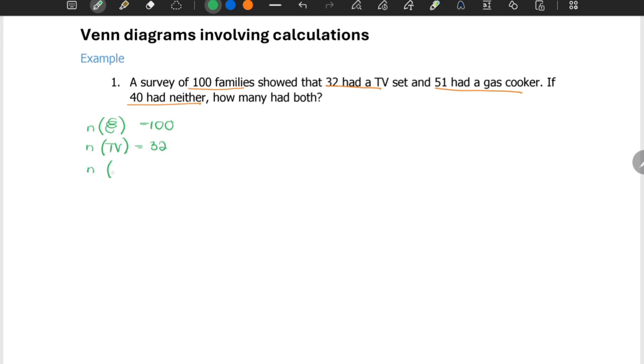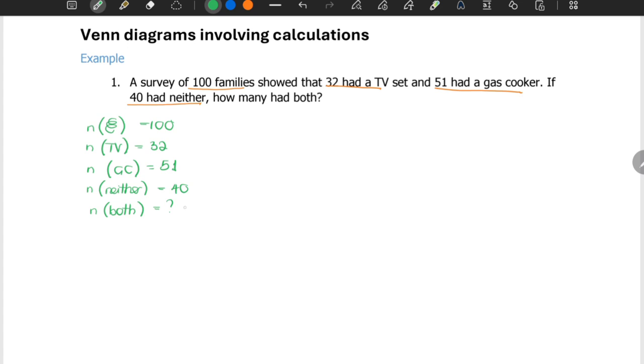The number who had a gas cooker, just going to call it GC for notation's sake, was 51. And the number of those who had neither was 40. And we're trying to find the number who had both a TV set and a gas cooker.